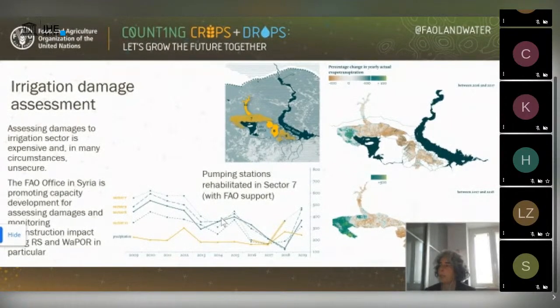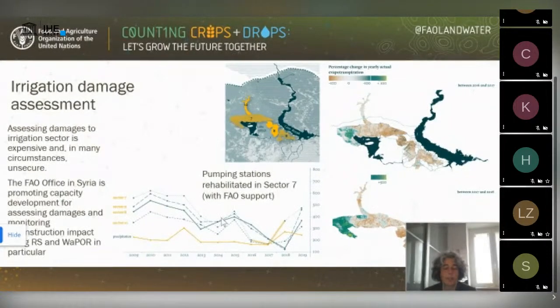Because looking at the data, we would get some false positive signals. For example, areas where evapotranspiration was growing, and one could think that irrigation was resuming comparably to the pre-conflict area. But in reality, this was due, for example, to weeds or farmers accessing shallow aquifers that are not sustainable because of salinity issues.